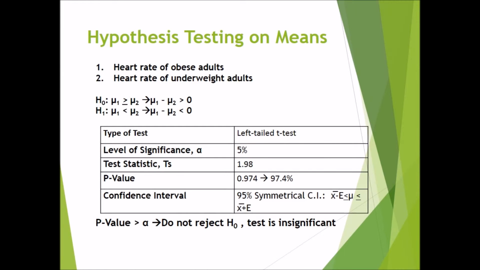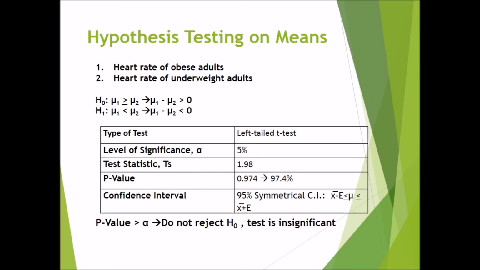Finally, we have reached our actual hypothesis testing on the means. For the null hypothesis, we will be using the heart rate of obese adults to be more than the heart rate of the underweight adults. And for our alternative hypothesis that we are testing, we will be using the heart rate of obese adults to be lesser than the heart rate of underweight adults.